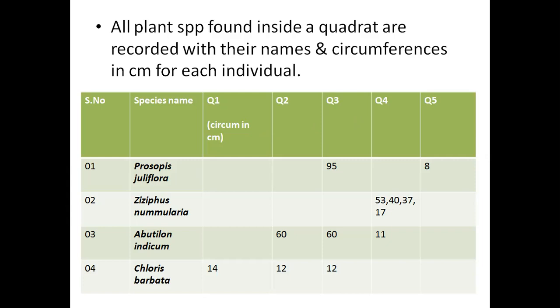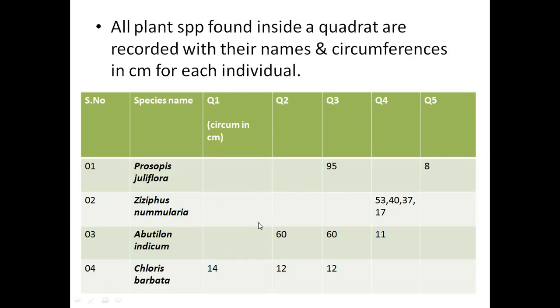For example, here you can see that Prosopis juliflora is not present in quadrat 1, and it is also not present in quadrat 2, whereas it is present in quadrat 3 with a circumference of 95. And you will also see Sisyphus and the other species as well.